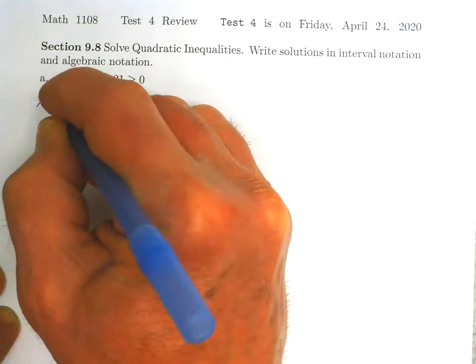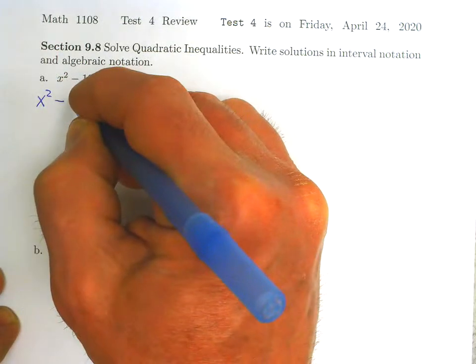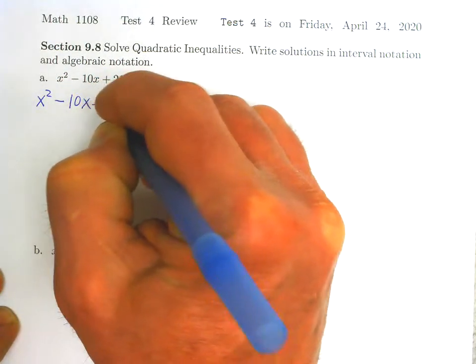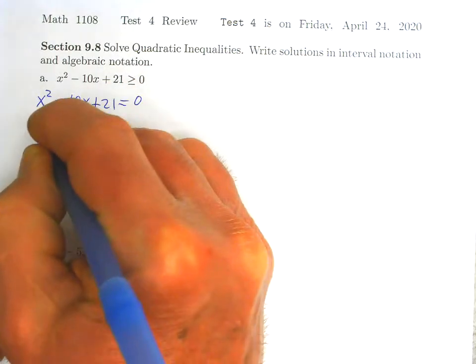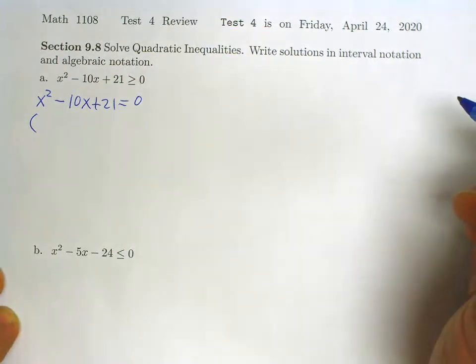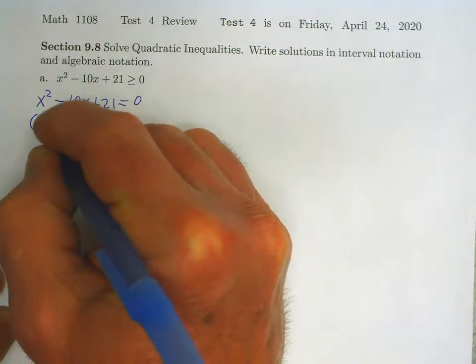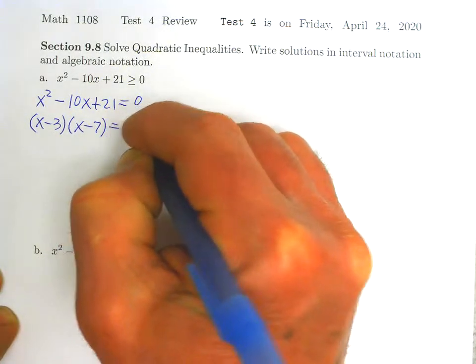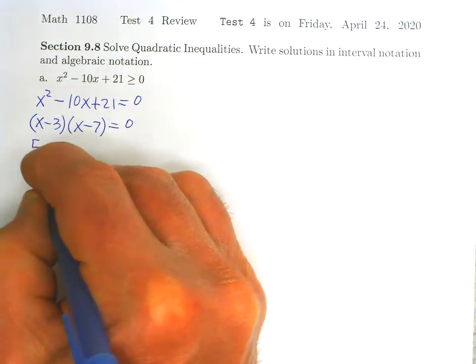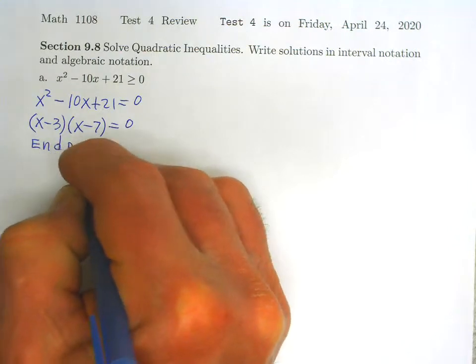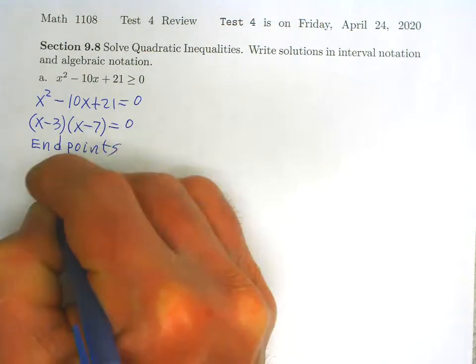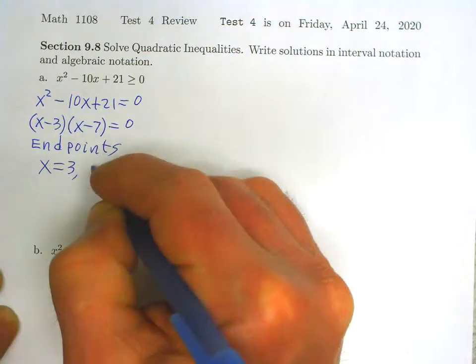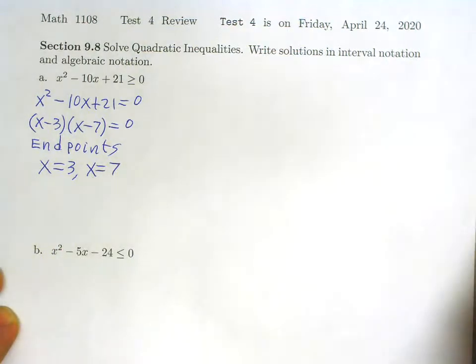So if we solve this equation, x squared minus 10x plus 21 equals 0, we can solve by factoring. One factor is x minus 3, the other one is x minus 7. And so the endpoints of the intervals are x equals 3 and x equals 7.